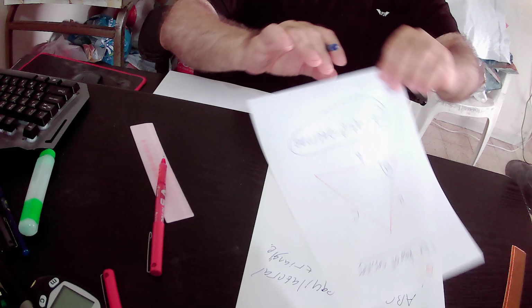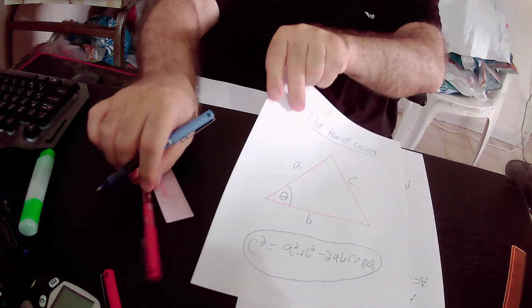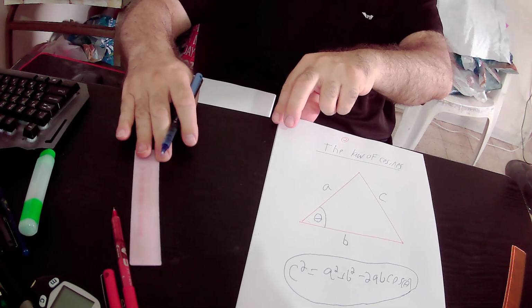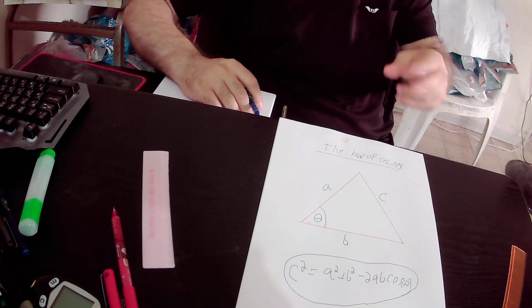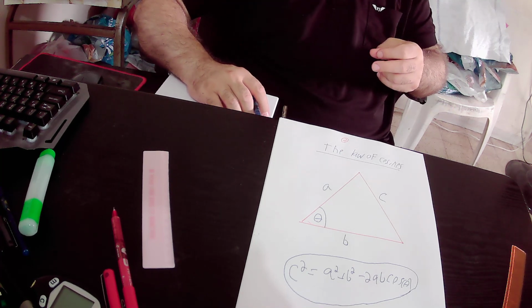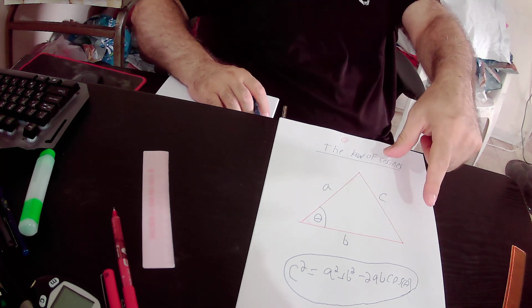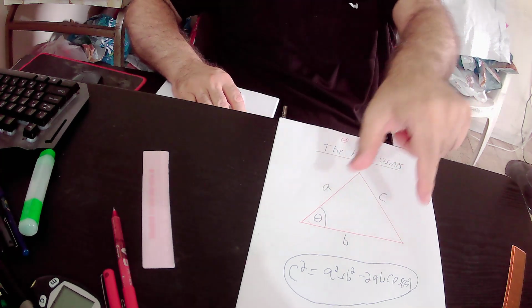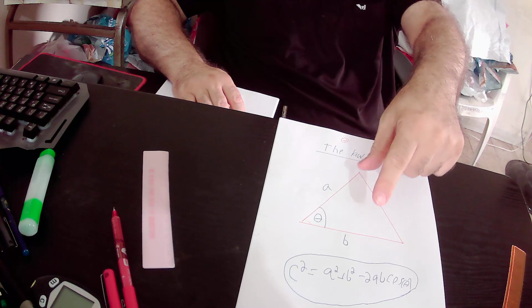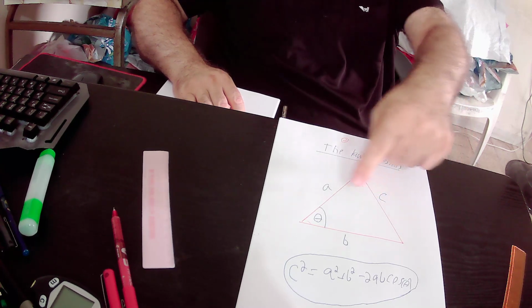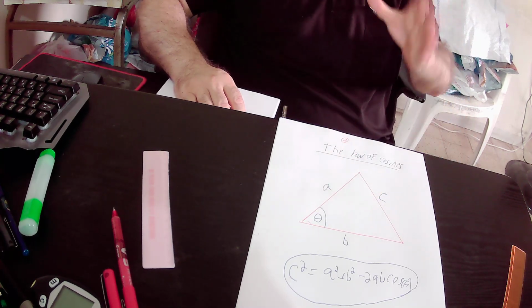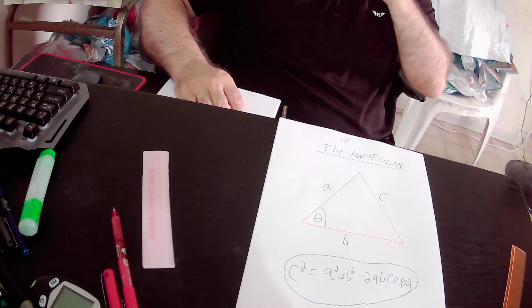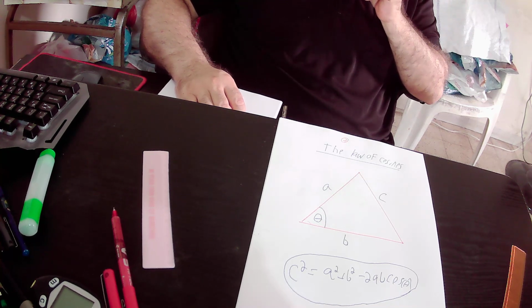Actually, the law of cosines states that in any triangle C squared equals A squared plus B squared minus 2 times AB times cosine theta. It is true for any triangle.